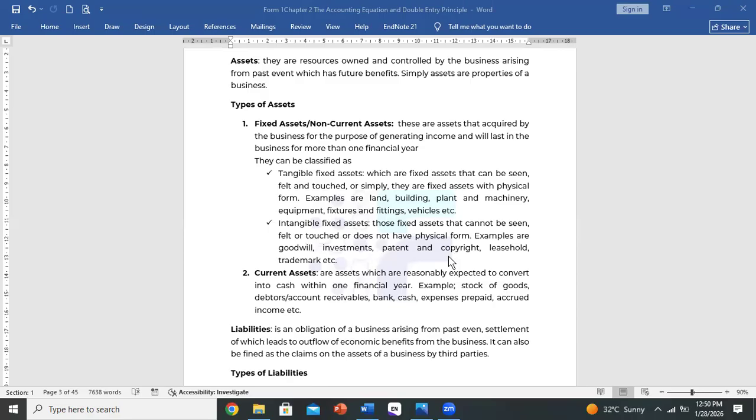Because comparable to building, plant and machines, this one you can see, you can touch them, you can feel them. Okay, but copyright is mostly used in the music industry, and by those writing books, stories, movies. So it is a protection against people copying your material without acknowledging you.